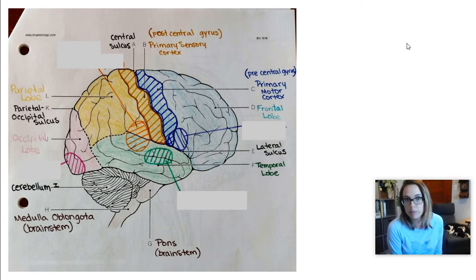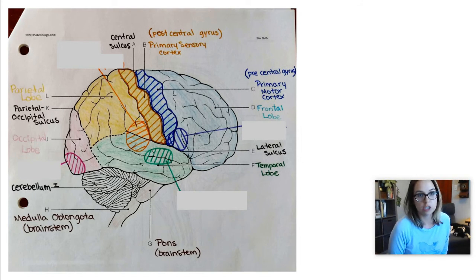It is the area of the brain that is your primary sensory cortex. And so the primary sensory cortex is what's going to sense the world around you. So like the feel of paper on my hands, or the feel of the keyboard in front of me is going to be the sensory information that's sending information to my brain, and I decide how and what to do with that information.